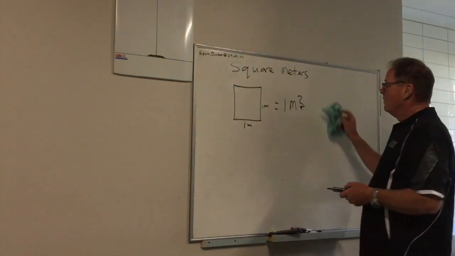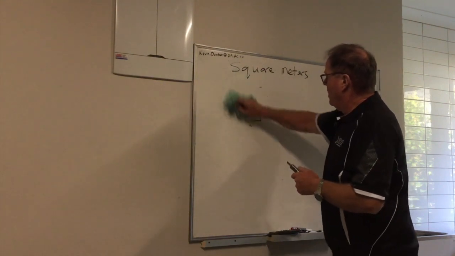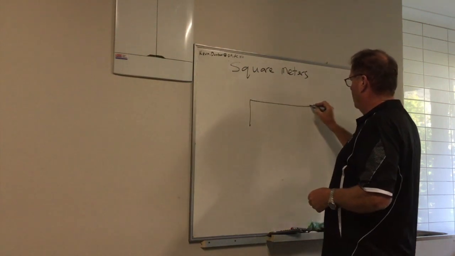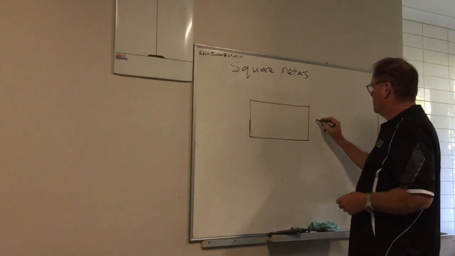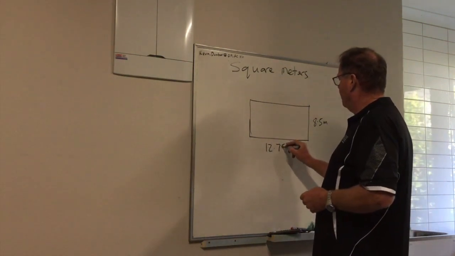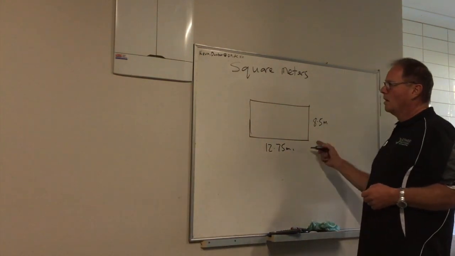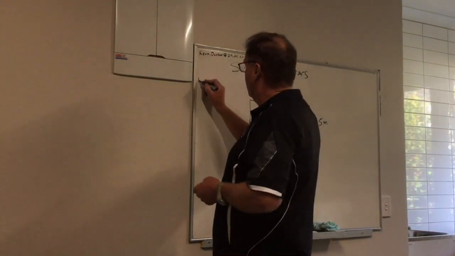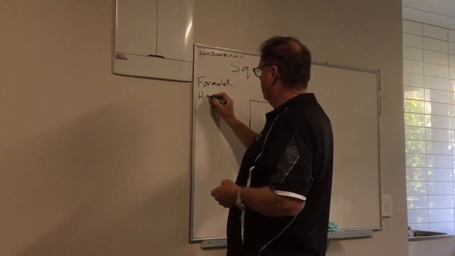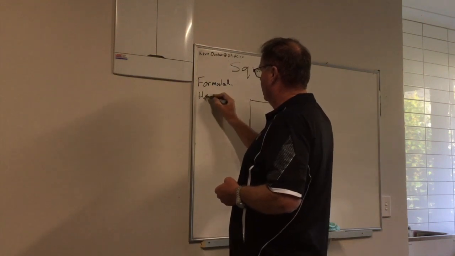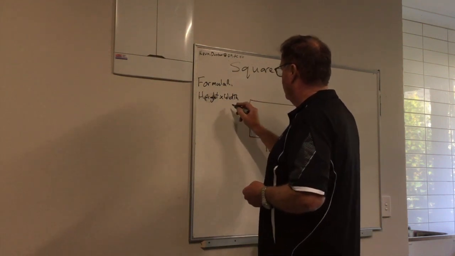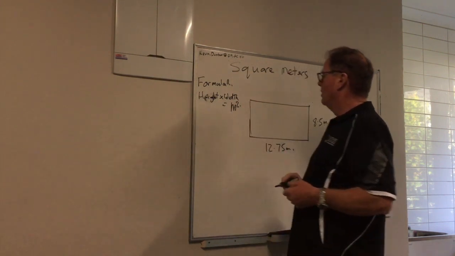Now, if we look at a building, we'll start off with a rectangular shaped building. This building's 8.5 metres in height, and it's 12.75 metres long. Right, we need a formula: height times width equals metres square.